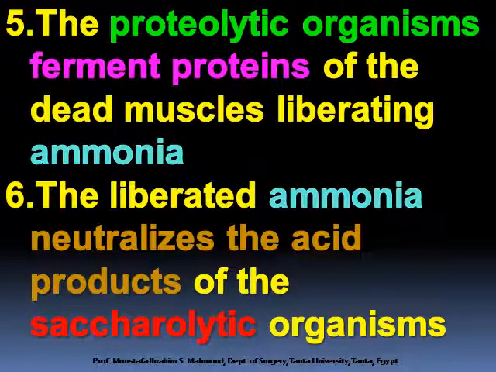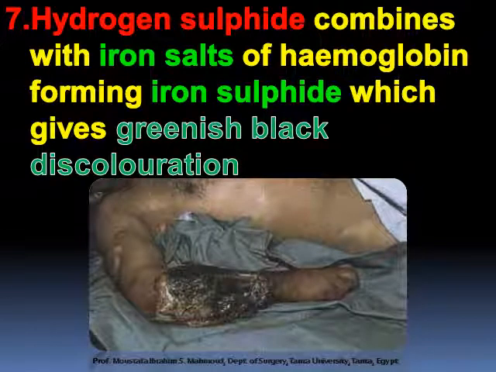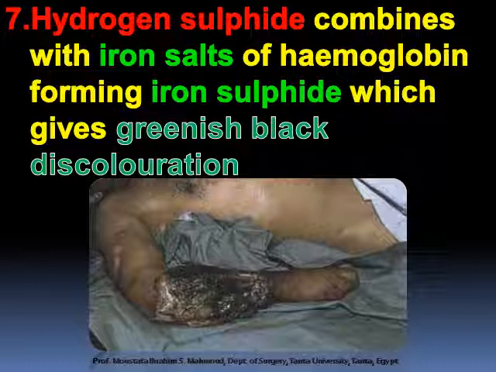The proteolytic organisms ferment proteins of the dead muscles, liberating ammonia. The liberated ammonia neutralizes the acid products of the saccharolytic organisms. Hydrogen sulfide combines with iron salts of hemoglobin, forming iron sulfide, which gives the greenish-black discoloration to the tissues.